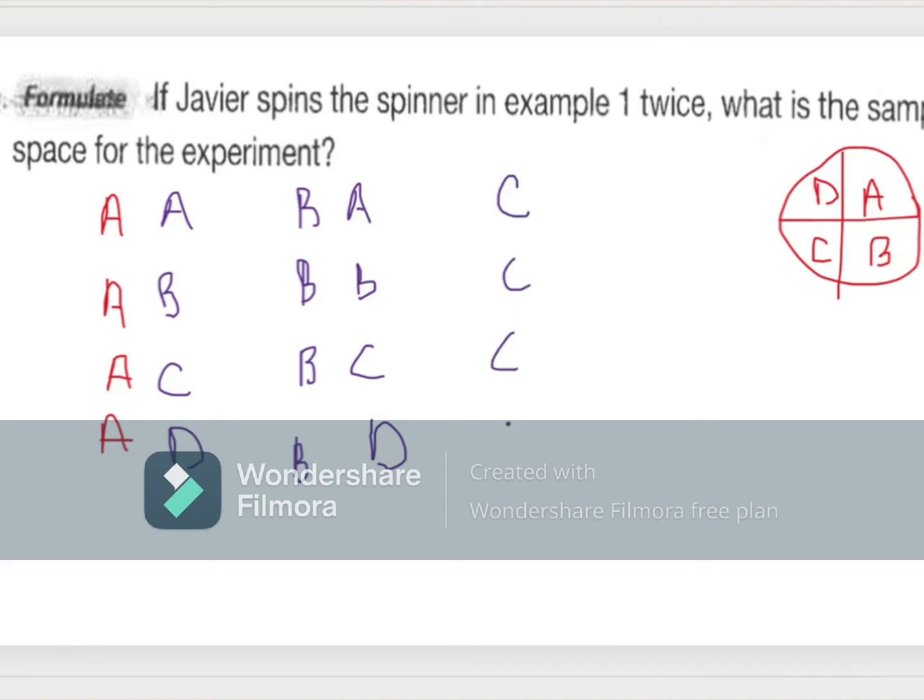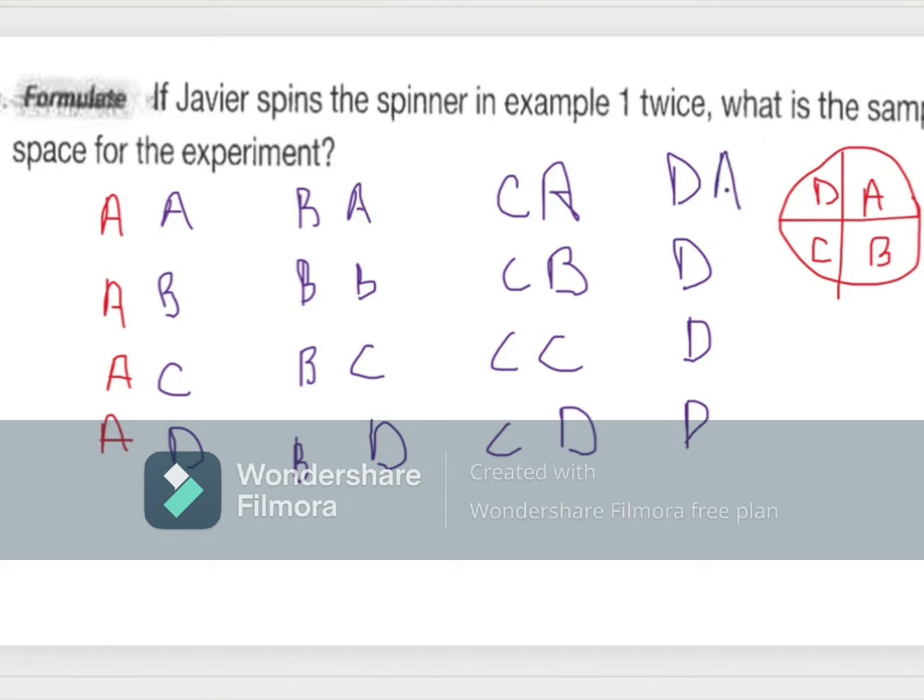Then if the first spin was a C, we could have had an A, and a B, and a C, and a D. And then lastly, we have to consider, what if the first spin was a D? Okay, the first spin was a D, then we could have had for the second spin an A, and a B, and a C, and a D.